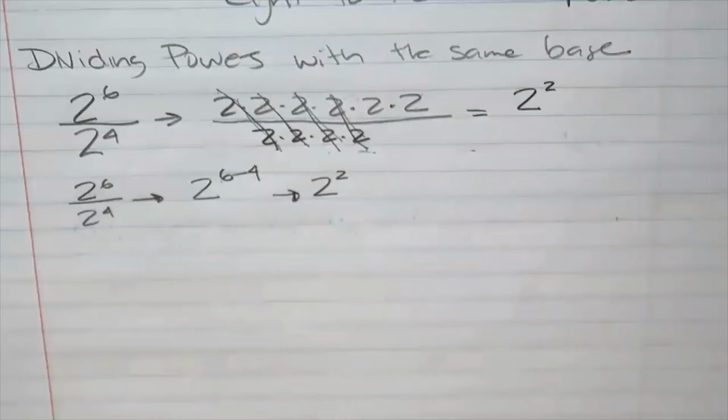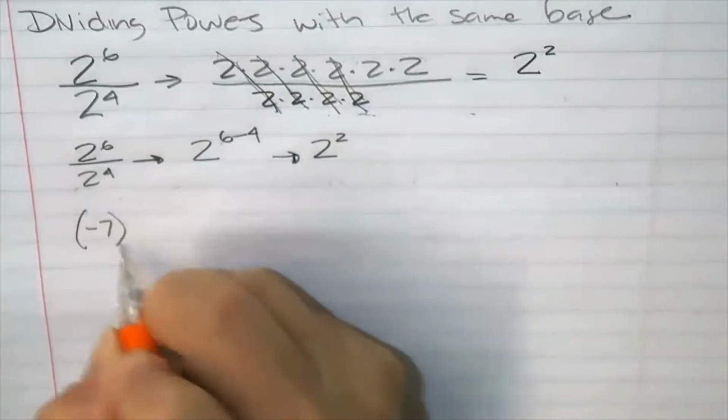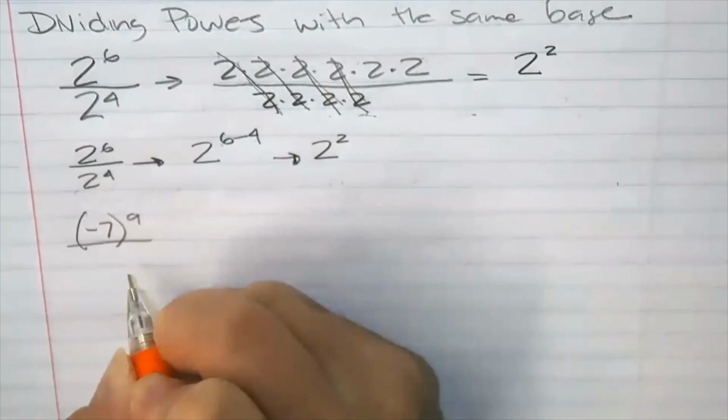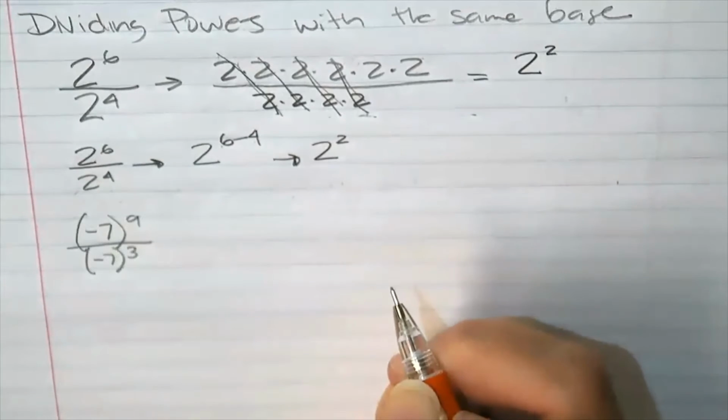So let's do another one. Let's take -7 to the 9th power over -7 to the 3rd power.